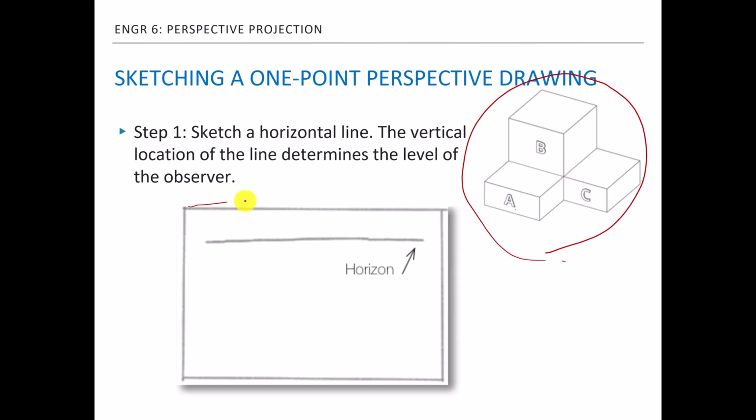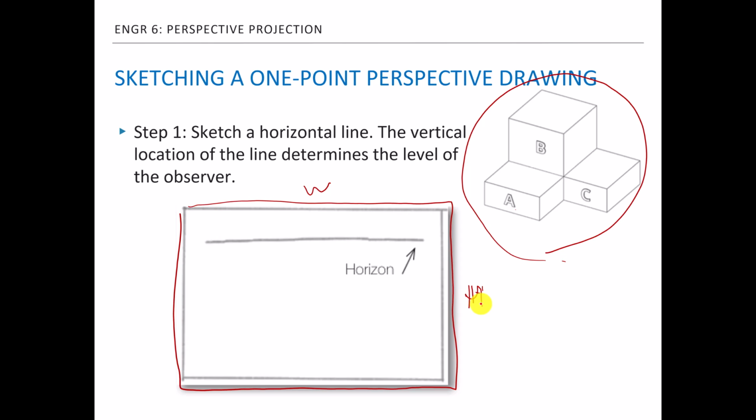Usually you want to use landscape mode, where it's wider than the height. The first thing is you have to sketch a horizon line. Like I mentioned earlier, the vertical location of the horizon line determines your eye location relative to the object you're sketching.